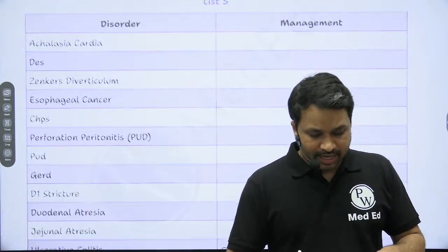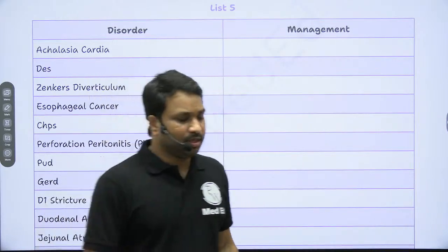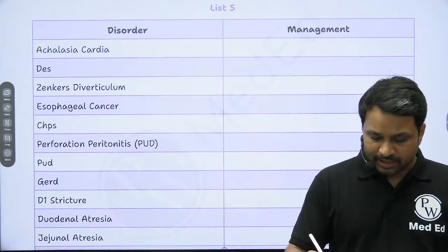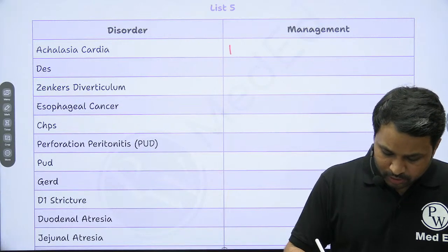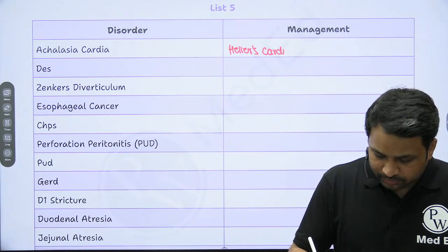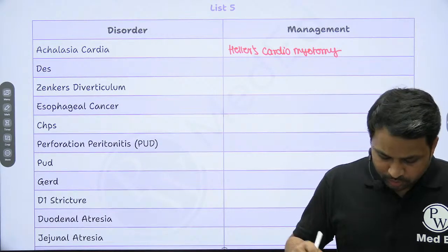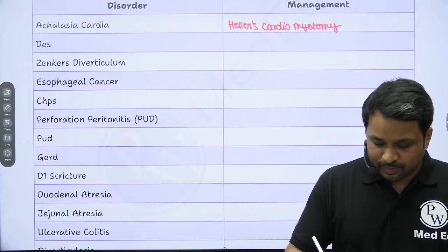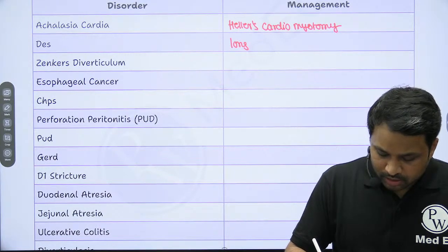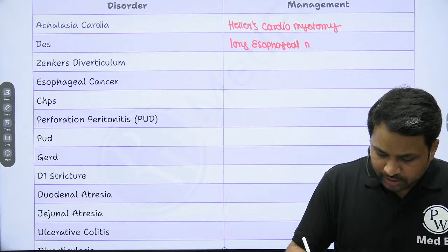Okay? The last list, list number 5, is the disorders and their management that you should know. For achalasia cardia, what is the surgery of choice? It is going to be Heller's cardiomyotomy. For diffuse esophageal spasm, it is a long esophageal myotomy.